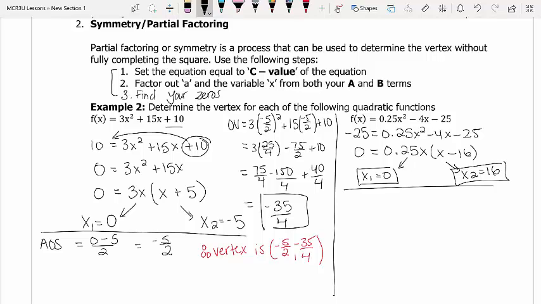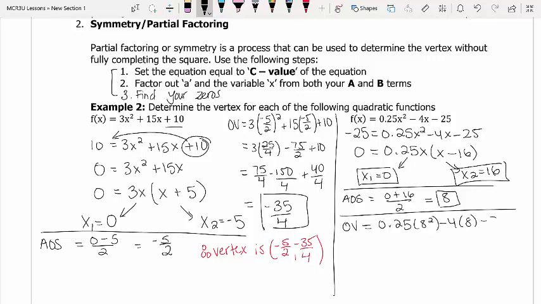Now let's find our axis of symmetry. And let's find our optimal value. So therefore our vertex is at 8 and -41.